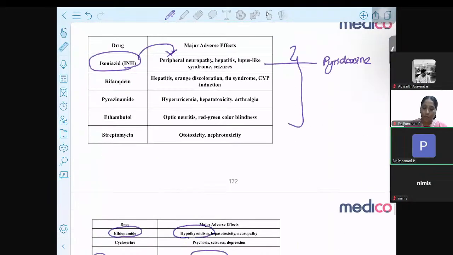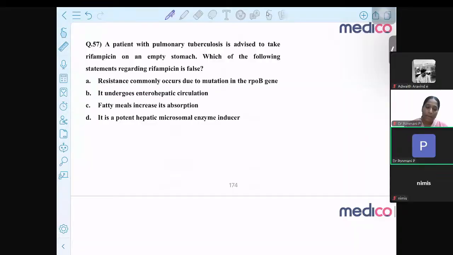Okay? Now moving on to the next question. A patient of pulmonary tuberculosis, this is the same question yesterday we saw, is advised to take rifampicin on empty stomach. So which of the following is false, they are asking. Rifampicin resistance occurs due to the mutation in the RPOB gene. It is true. Yesterday only we saw it is because of the mutation in the RPOB gene.